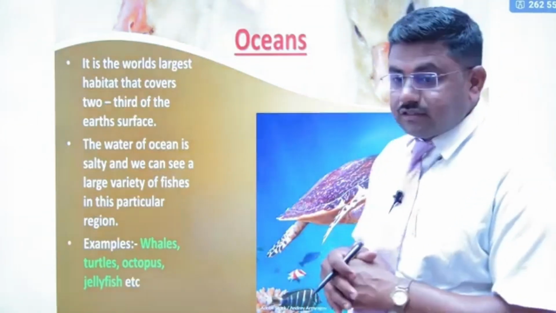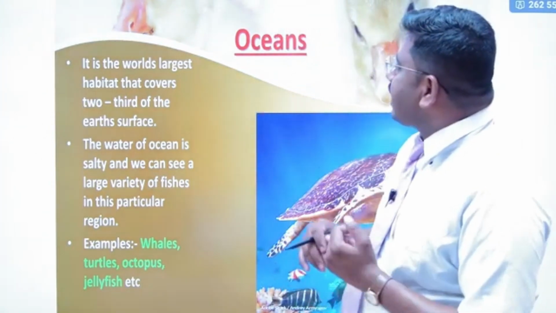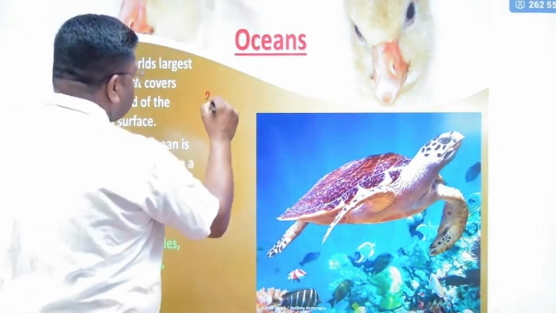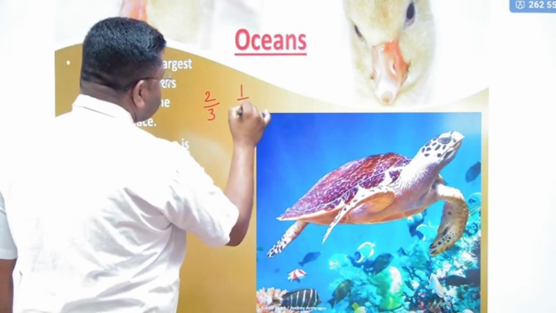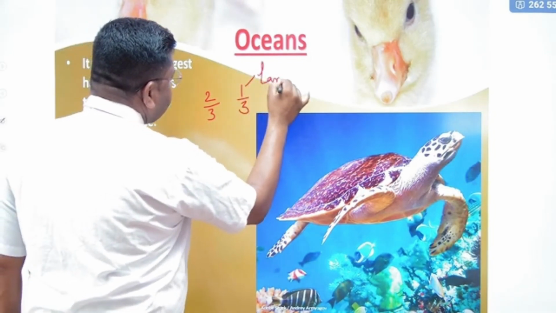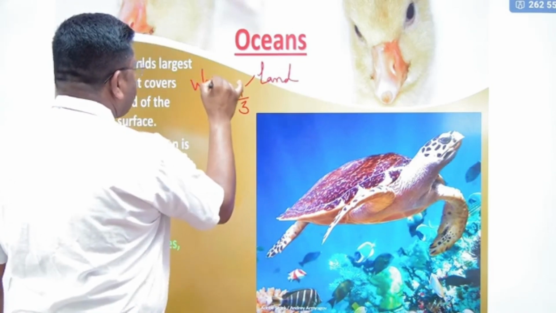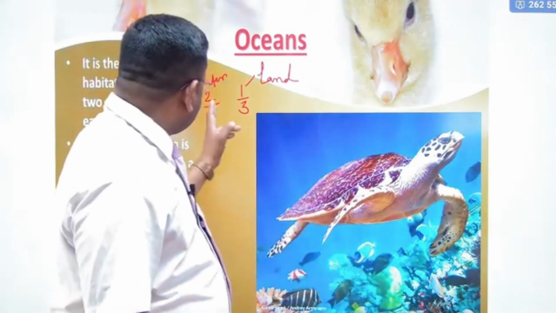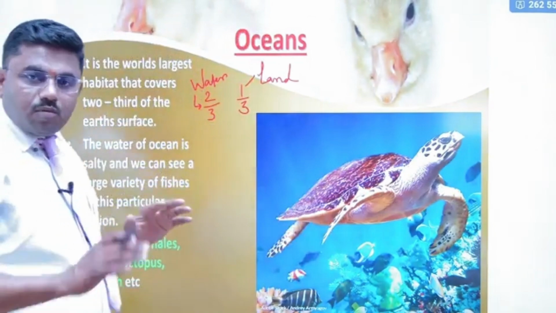Now let's see oceans. It is an aquatic area. It is the world's largest habitat, covering 2/3 of Earth's surface, and 1/3 is land area. The water part is known as the aquatic part.